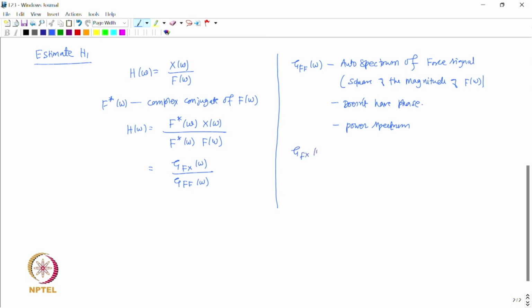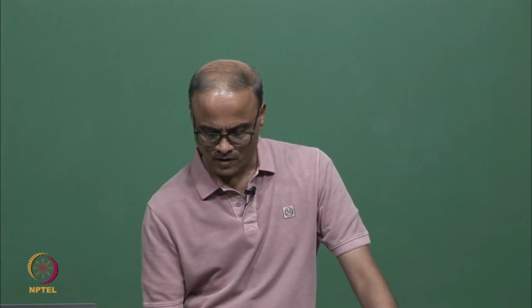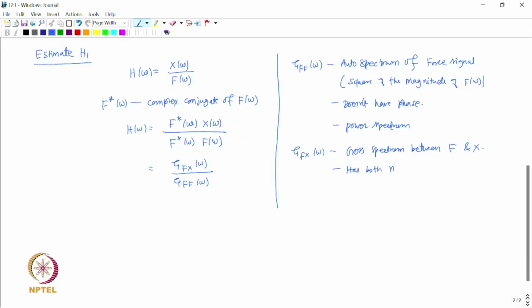GFX omega is called the cross spectrum between f and x, okay, it is a cross spectrum between force and x, and cross spectrum has both magnitude and phase, and the phase of the cross spectrum is the relative phase between f and x, right.